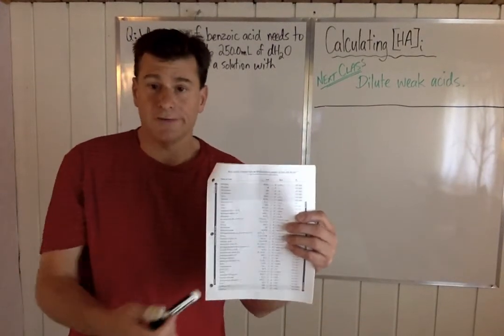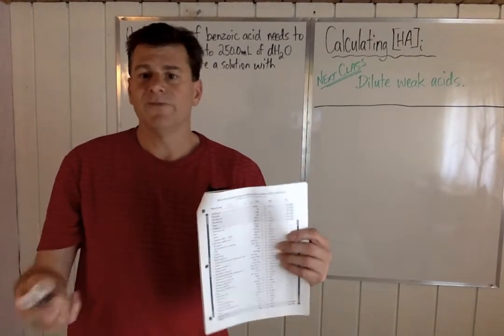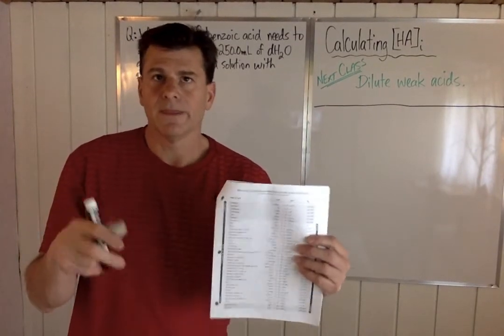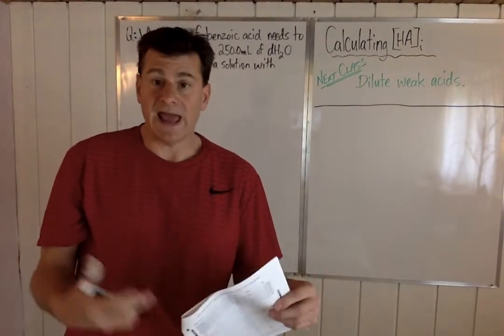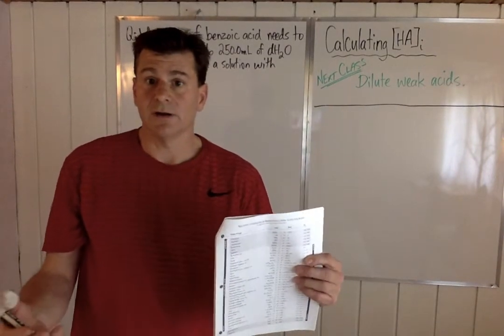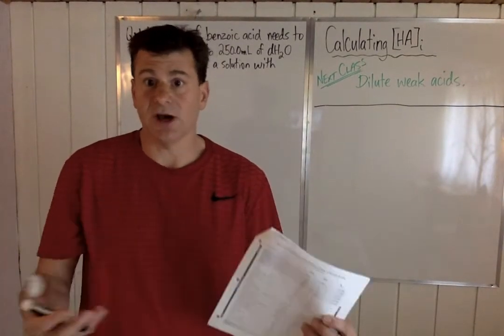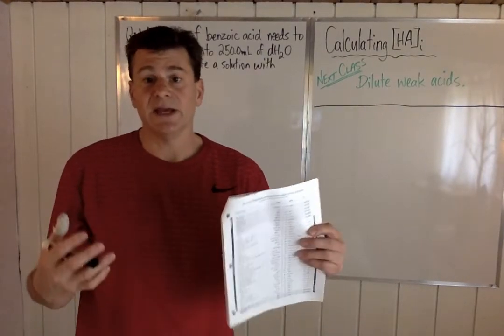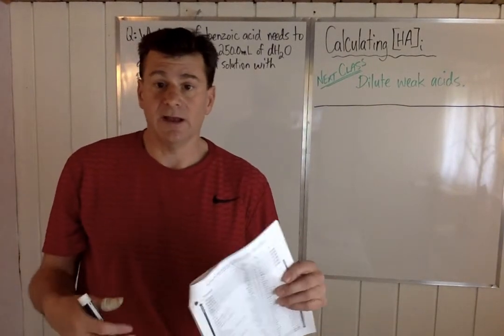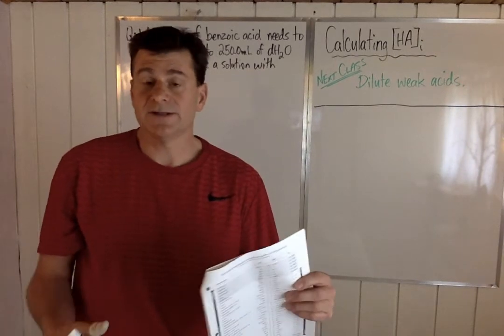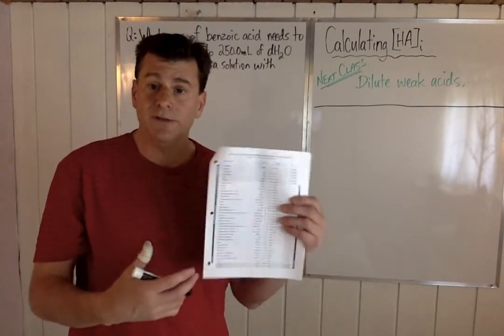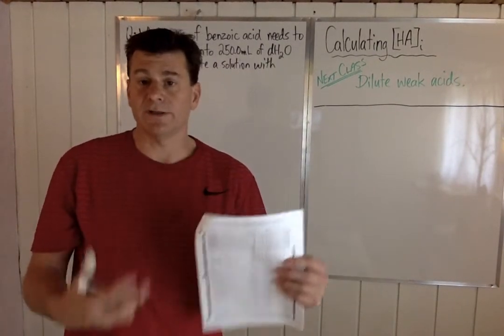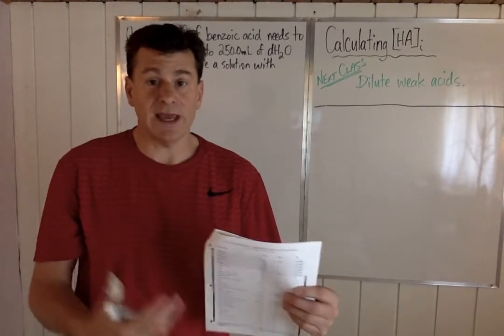Now, if it's not on there, acid names tend to come from what anion they're stuck to. You know that an acid is an H stuck onto something. So benzoic acid is because an H is stuck onto the anion benzoate. You might have a table that has anions, and one of the anions listed might be benzoate.